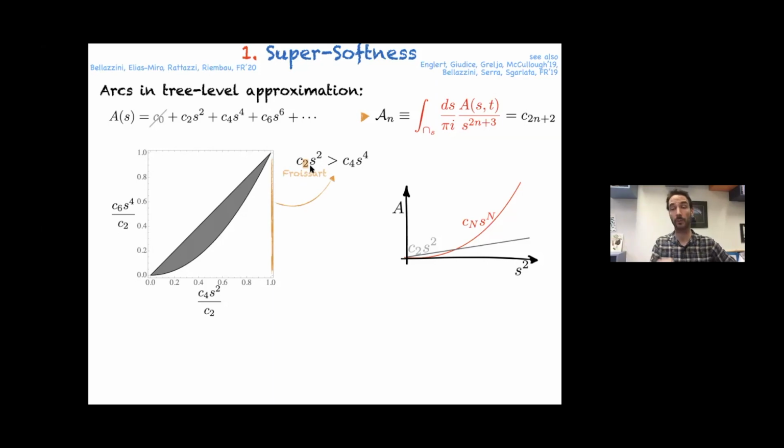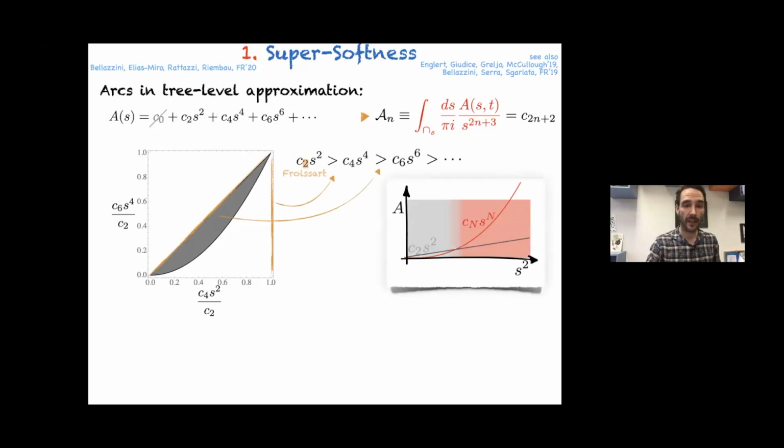This is related to the idea that the Froissart bound determines what contours vanish at infinity and determines from what Wilson coefficient we can start saying something. The fact that this plot terminates here implies that C2 is always bigger than C4 in its contribution to the amplitude. And in turn, this line here implies that C4 is always bigger than C6 in its contribution to the amplitude, and so on.